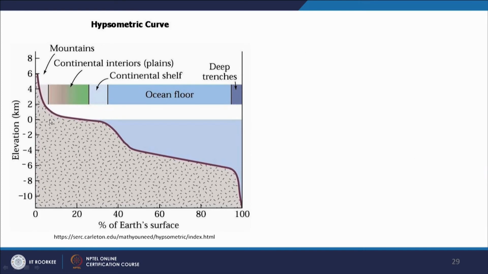This is the hypsometric curve for the entire Earth. As we move along the percentage of the Earth in terms of area, a large part of the area here is in the form of mountains, but as we go on, the sea and the oceans come in, and likewise the elevations are here. This is a very generalized hypsometric curve for the entire Earth, the best known example.